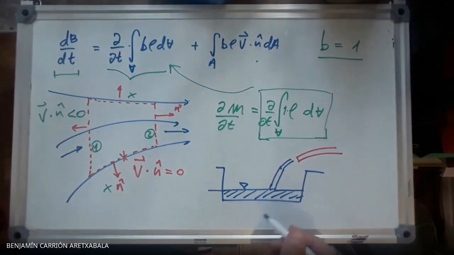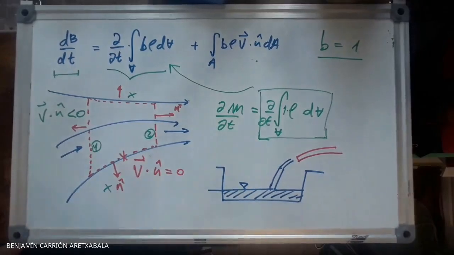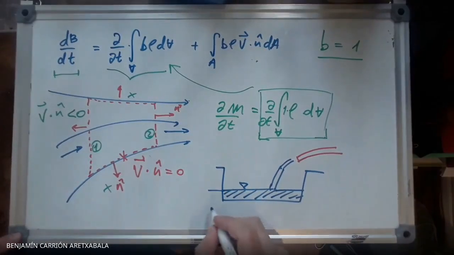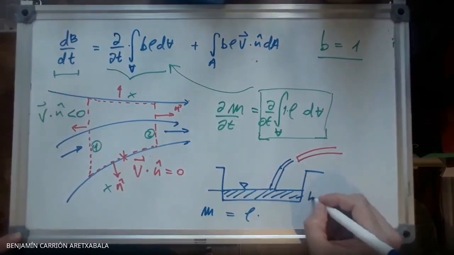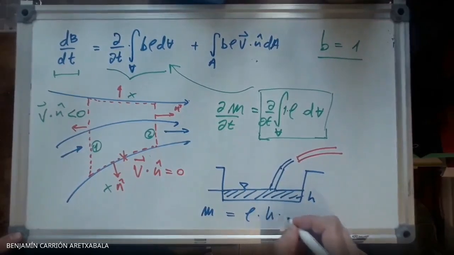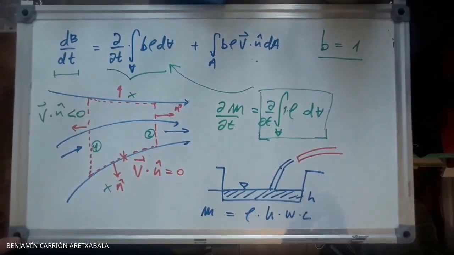So what's the mass? At one point in time, the mass inside the pool is going to be just rho times h times w times l, where the pool has width w and length l, right?